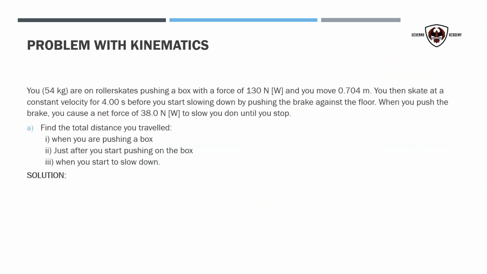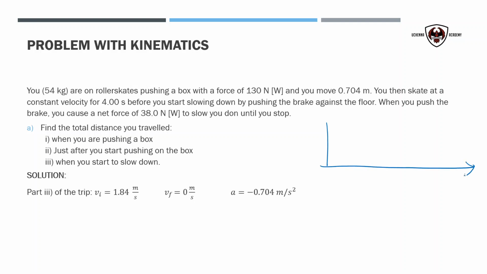Now the third part of this course, when you start to slow down, again, the initial velocity is what we can continue to use, because that velocity actually, again, using my velocity time graph, the velocity for the first part of the trip, that's part 1 of the trip, when we're pushing on the box, the velocity final here was what we figured out to be 1.84.